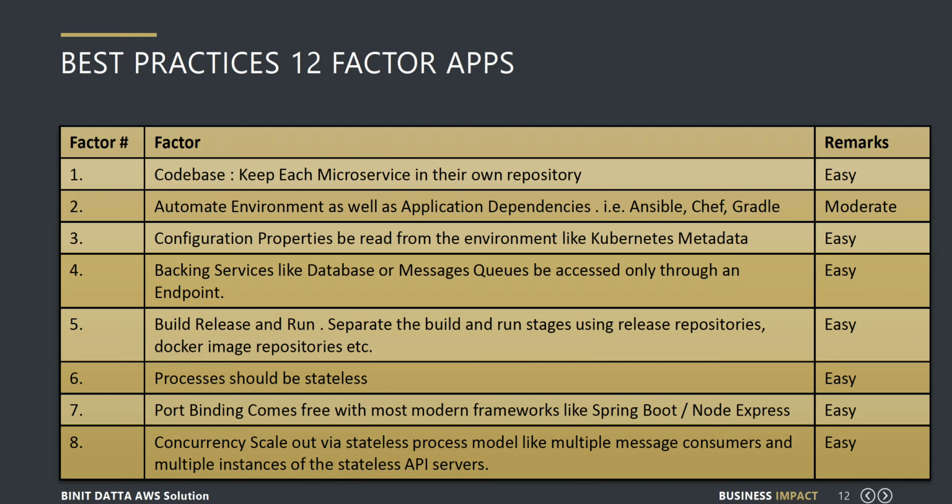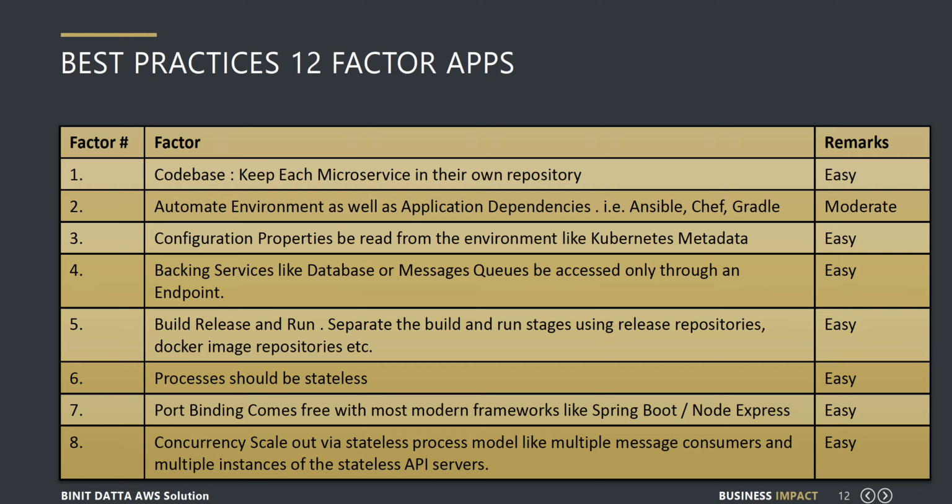Third thing, configuration properties be read from environment like Kubernetes metadata. We'll deal with Kubernetes slightly later in this series. And then so what are the problems of hard-coded configuration? We already talked about earlier in the course, and so this is the third factor.